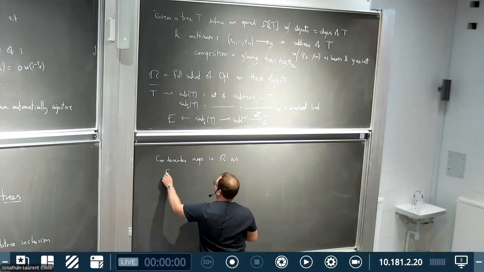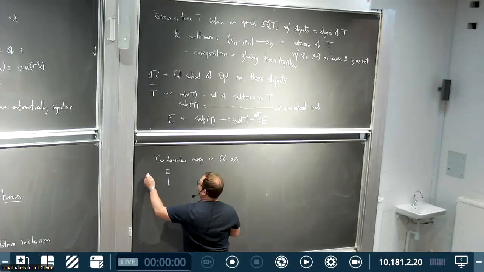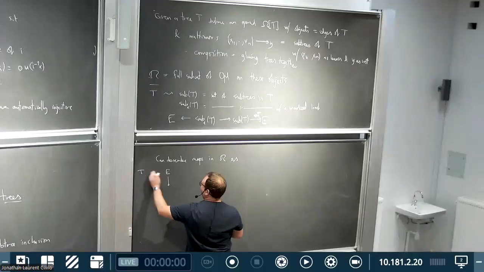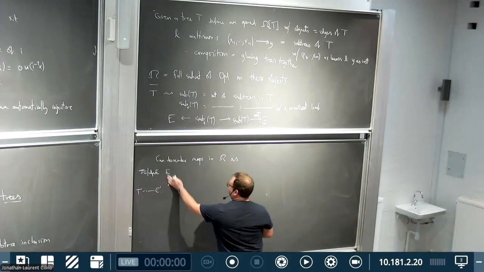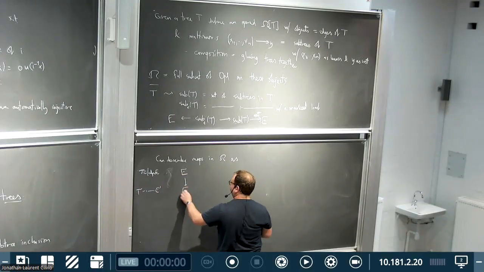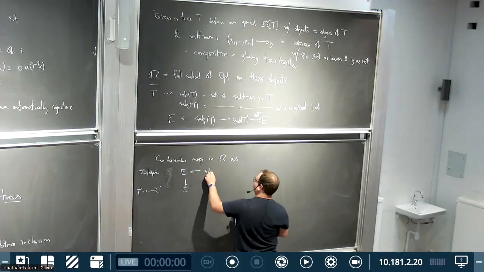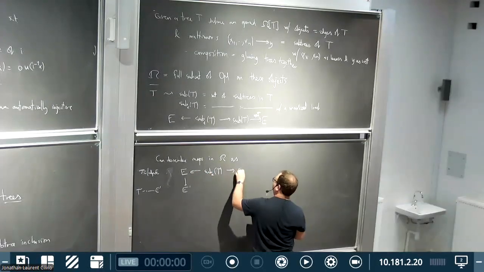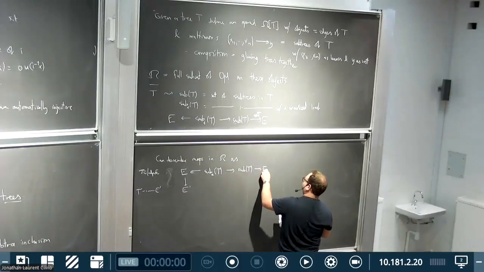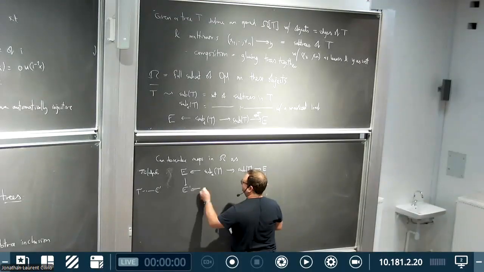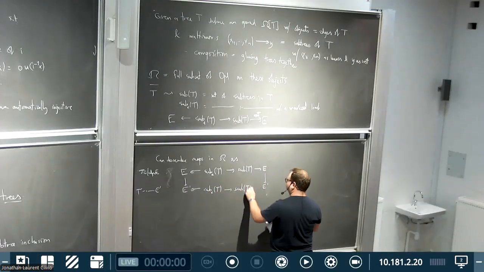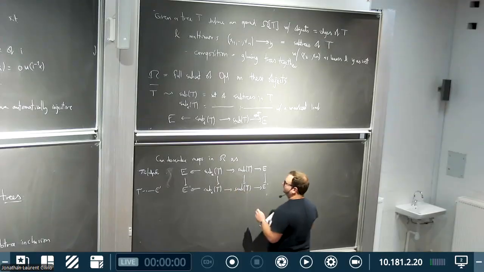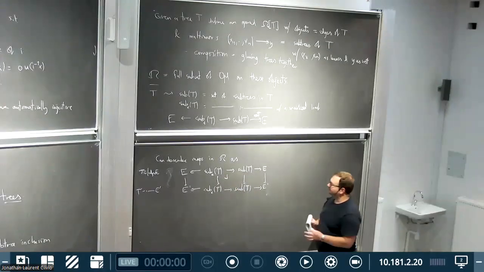So I have my tree T with edges E and T prime with edges E prime, and I can draw these kinds of diagrams, and then with this getting a pullback.